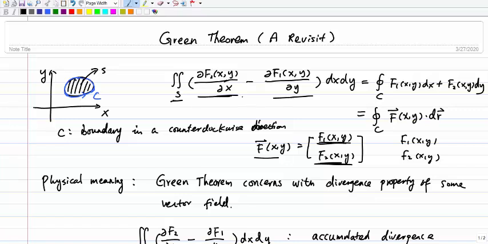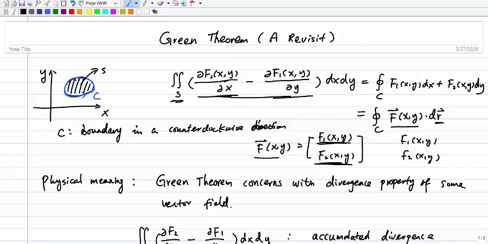If that's the case, now the double integration of this form, which is partial f2 over partial x minus partial f1 over partial y over the region S, is equal to the line integral of f over the boundary. That's what the Green Theorem says.